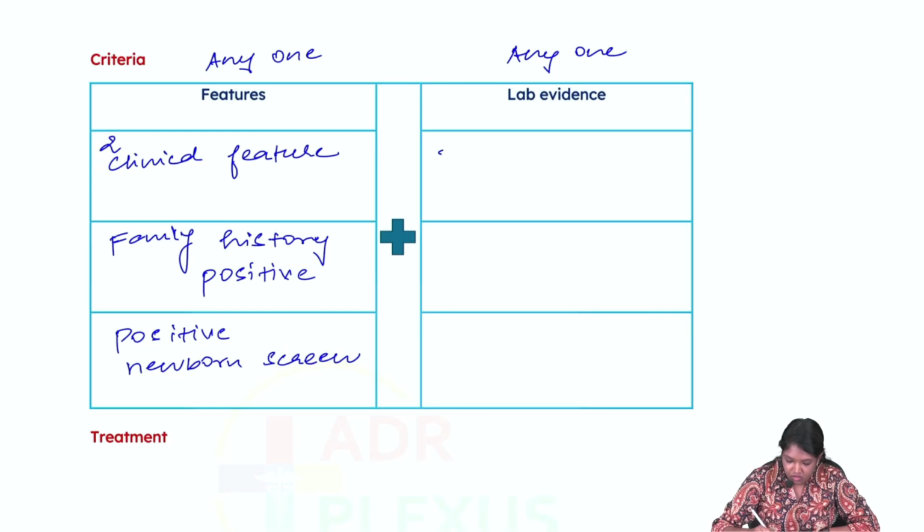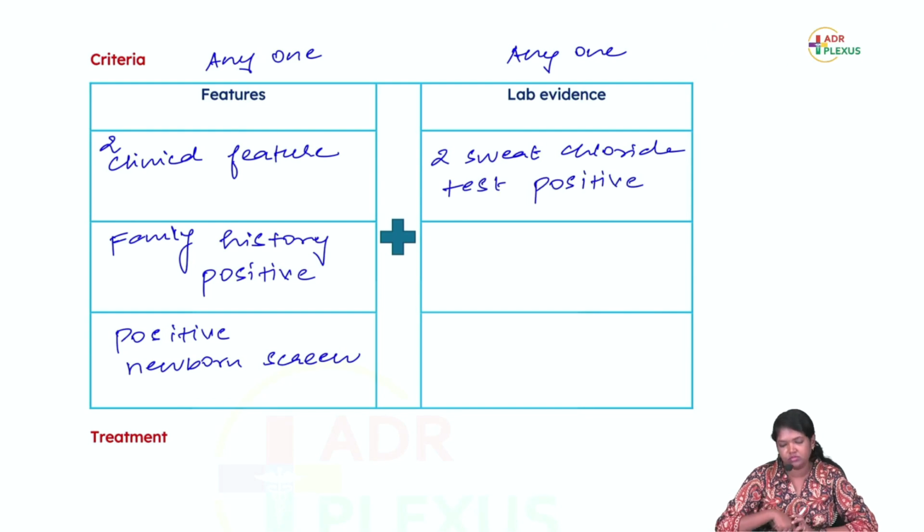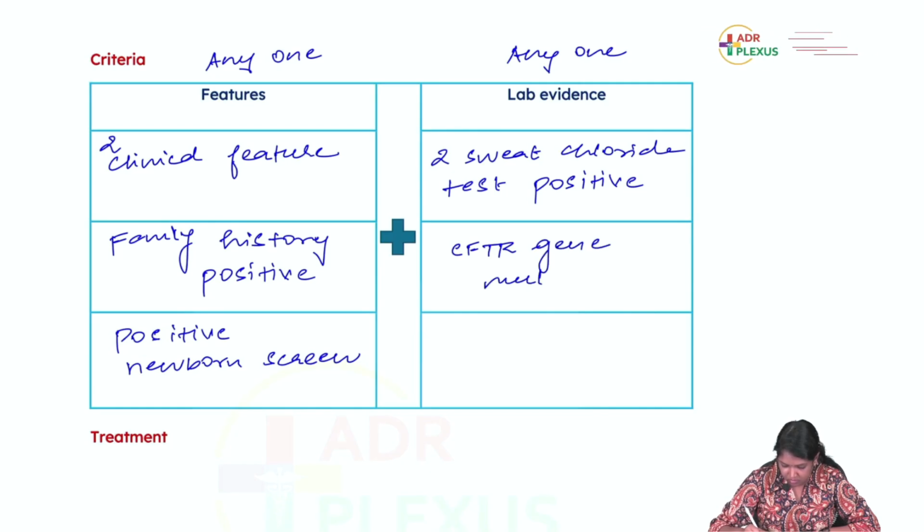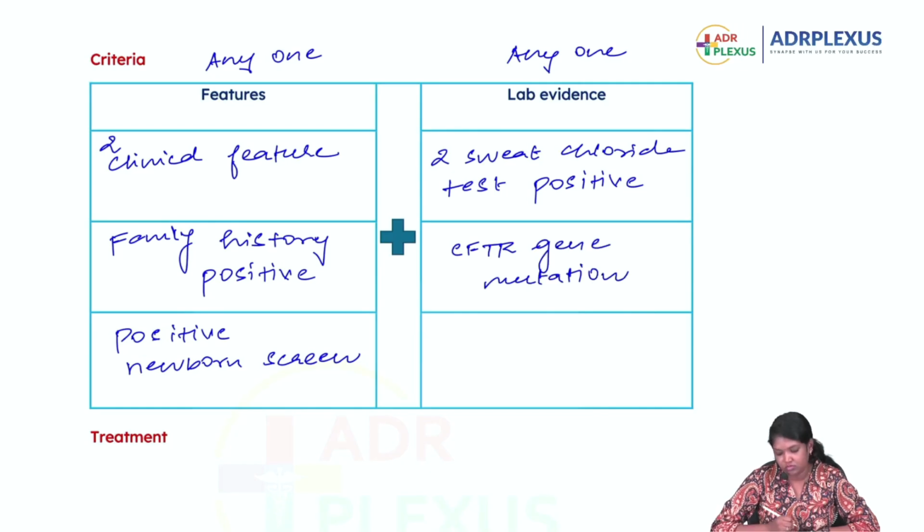Lab evidence: sweat chloride positive 2 times. CFTR gene mutation positive. Or abnormal nasal potential difference.